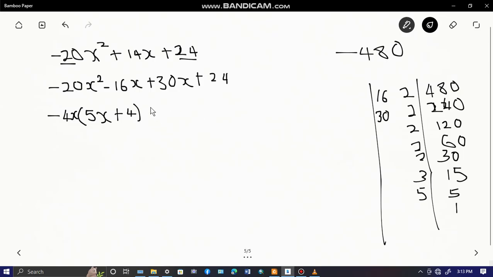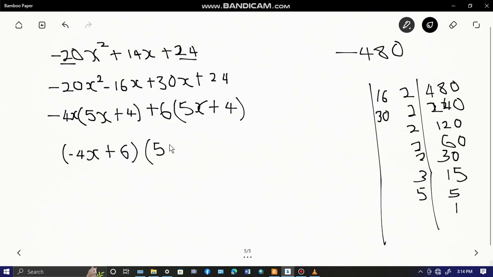And then the common factor for the second group is 6. 30 divided by 6 is 5x, and 24 divided by 6 is 4. At this stage we just create brackets for the negative 4x plus 6, and the other bracket, which is similar, 5x plus 4.